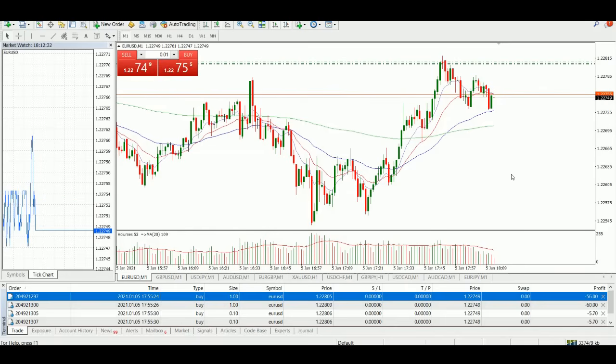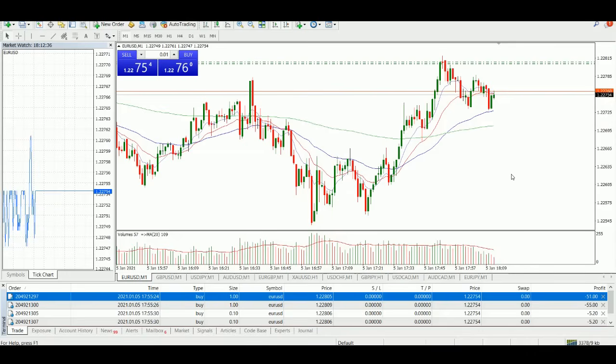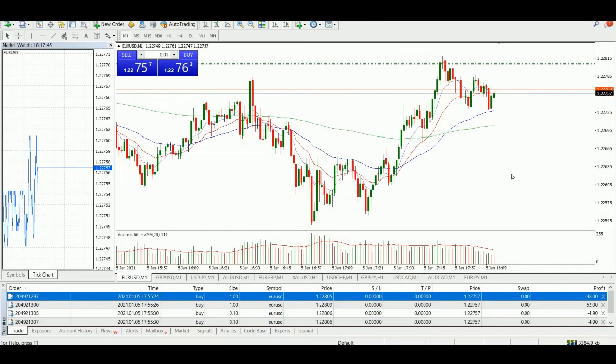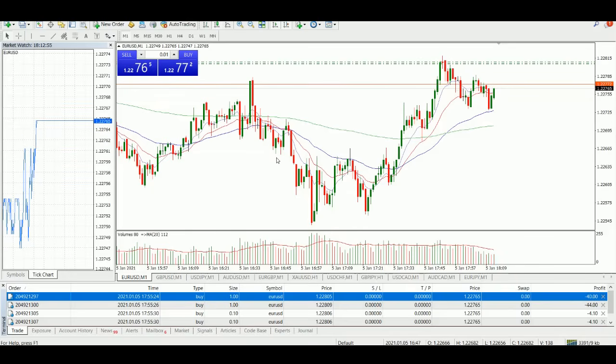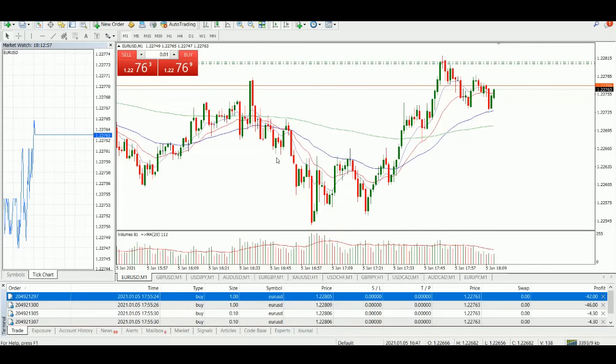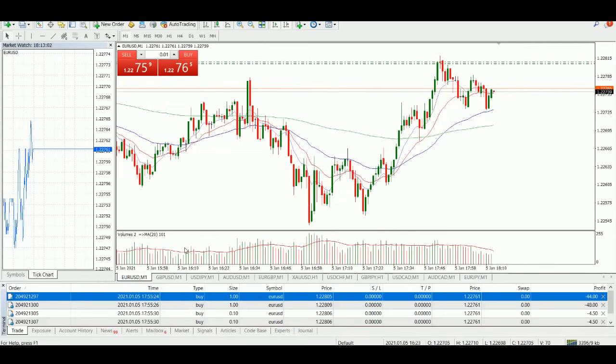Here we are. Price is trying to bounce up again from there. Price is bouncing up. Let's see. Price is trying to bounce up.